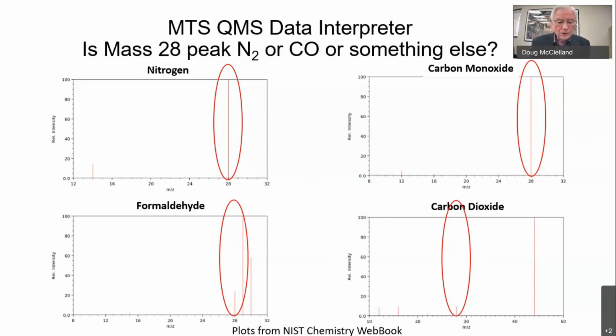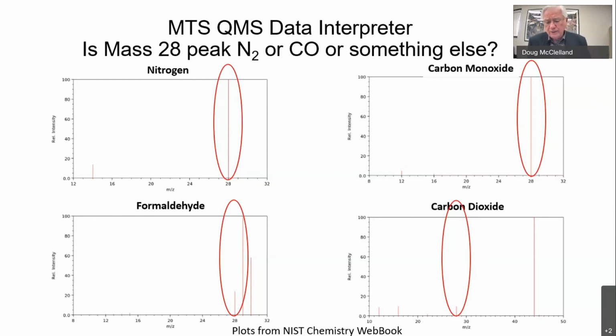And you also can have carbon dioxide giving a 10% fragment at mass 28. So if there's a lot of carbon dioxide present, one would need to correct its composition contribution to the mass 28 peak. Other species that might be present, like formaldehyde, can contribute at mass 28.